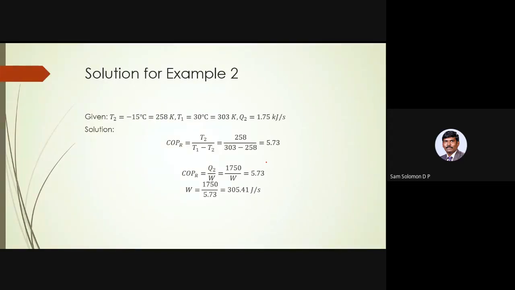When we substitute the value for the work done, we find that it is 305.4 joule per second, which is nothing but watt. If we write it in kilowatt, 305 watts is 0.305, which you can write as 0.31. So it is 0.31 kilowatt.